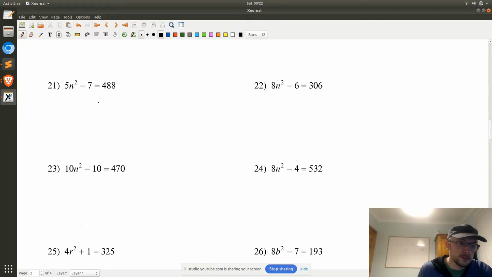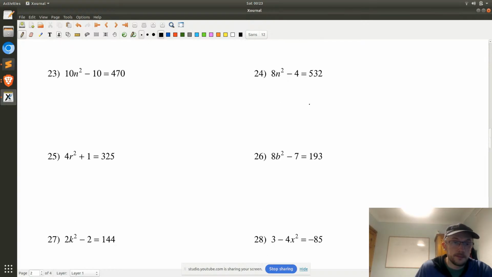Seems so, right? And here, 312, and divide that by 8. We're dividing that by 8 to get 39. Add 10 over 48.